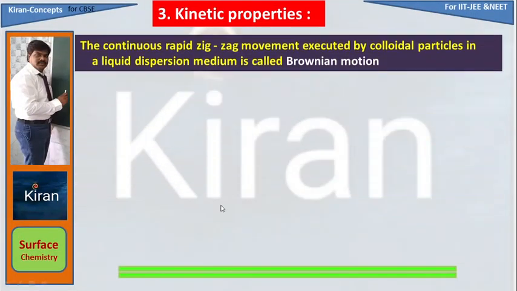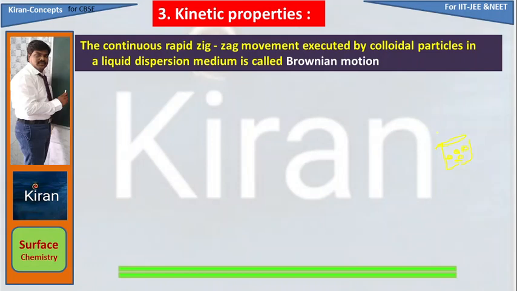Kinetic property. The continuous rapid zigzag movement executed by the colloidal particles in the liquid dispersion medium is called Brownian motion. When you take any colloidal solution, what will happen?